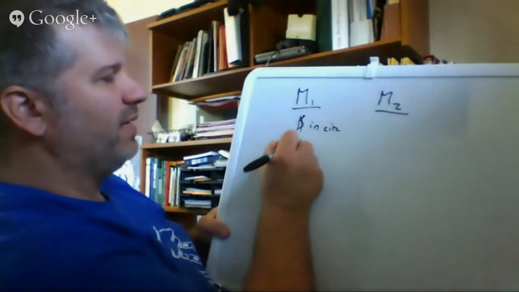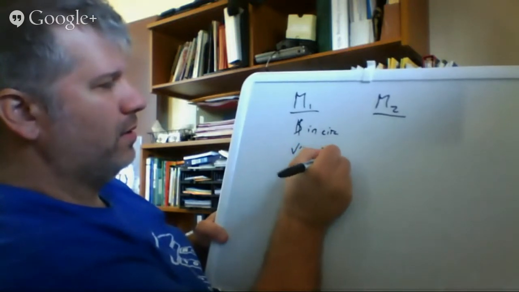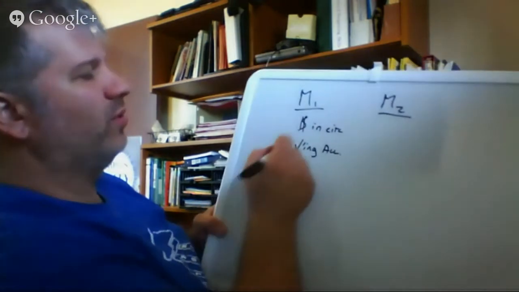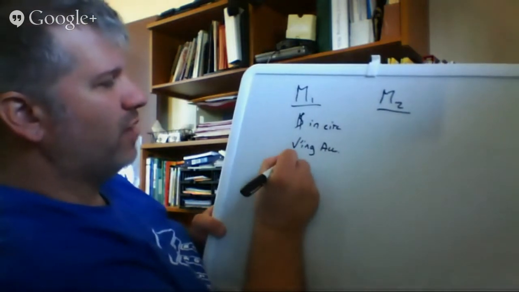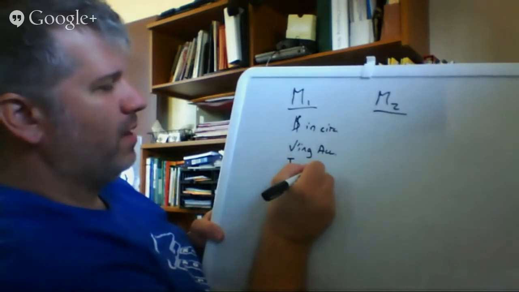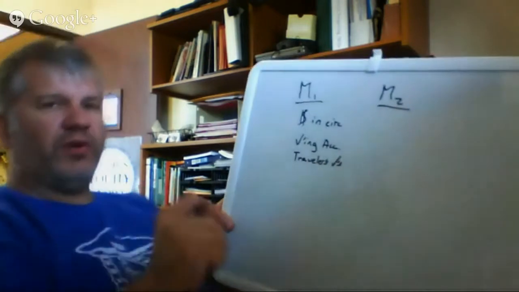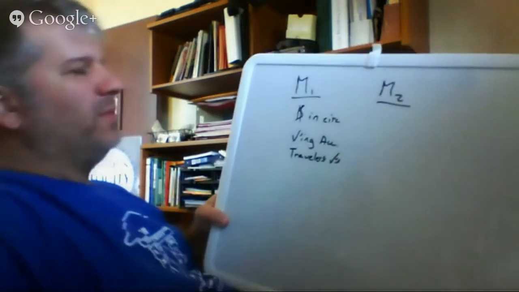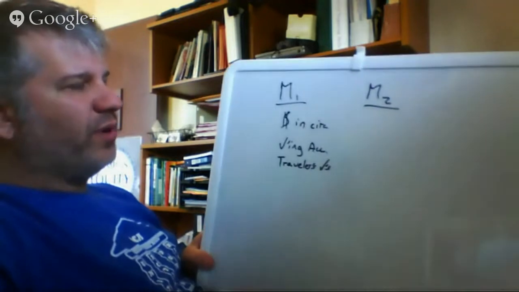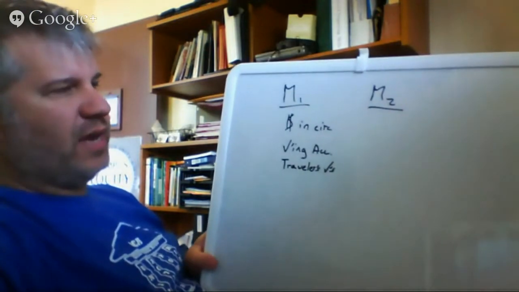It's also going to be checking accounts. And M1 is also going to include traveler's checks. Now, if you don't know what traveler's checks are, that's no fault of your own. The reality is economists and the government haven't rethought this whole section of what M1 and M2 are for a long time period.